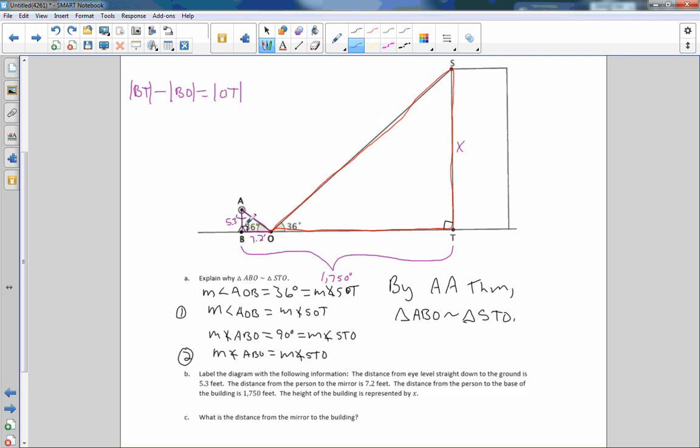Let me say that again. From here all the way over to here, minus this little piece here, is how far the mirror is from T. So BT is 1,750 feet, and BO is 7.2 feet. So if I subtract 7.2 from 1,750, then I get 1,742.8 feet.